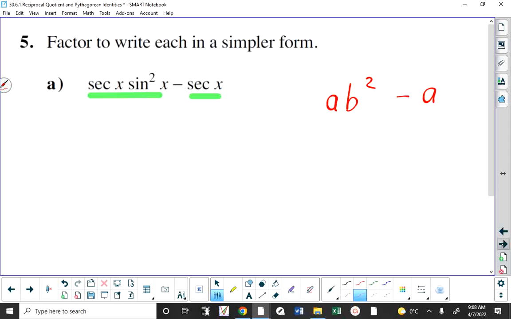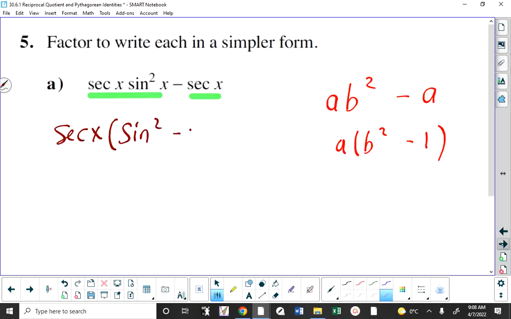I have a times b squared minus a. If I said to you, factor this, you would factor the a out and be left with b squared minus 1. So here we can factor a secant of x out, and be left with sine squared of x minus 1. Does that make sense so far?